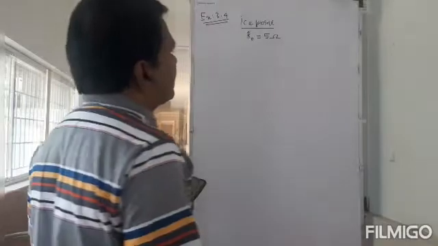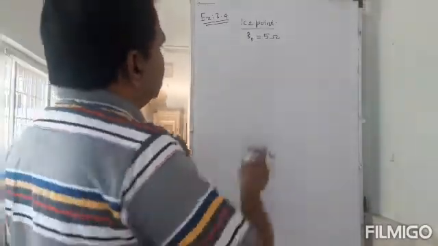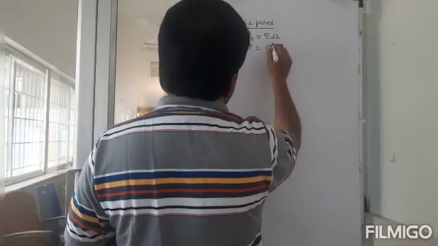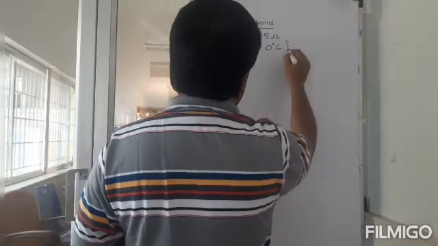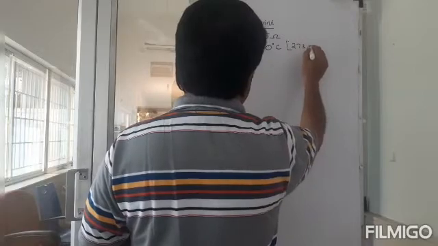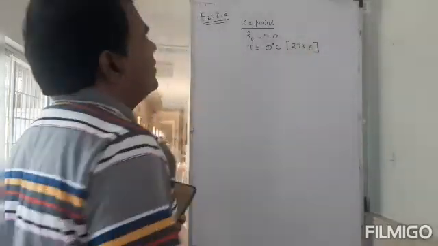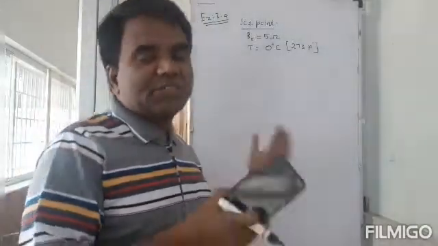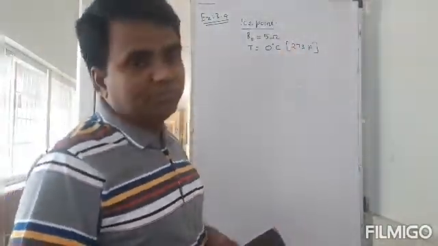And what is the temperature at the ice point? It is 0 degrees Celsius or 273 Kelvin. Either is fine, because we will be interested only in the temperature difference, so it doesn't matter.